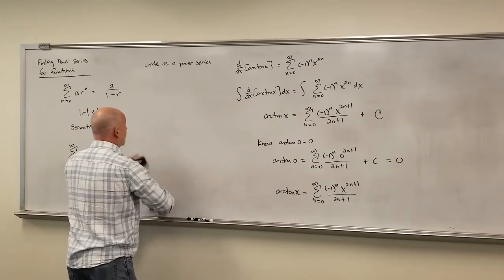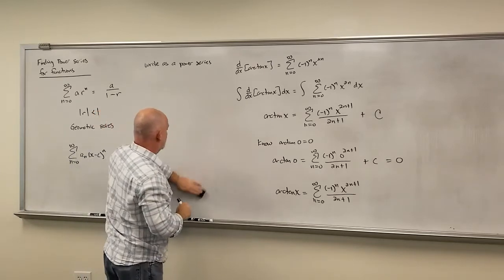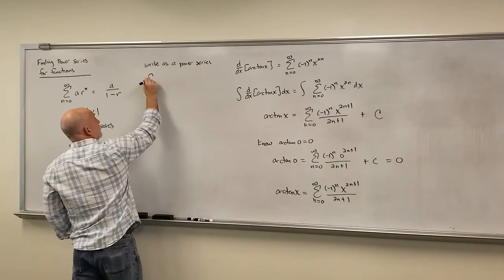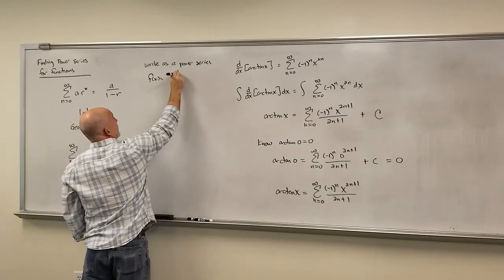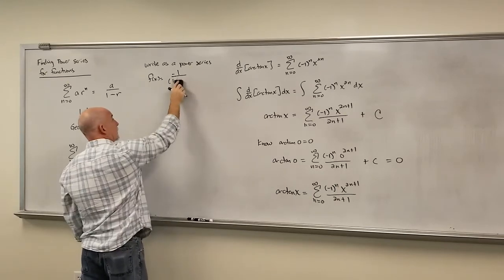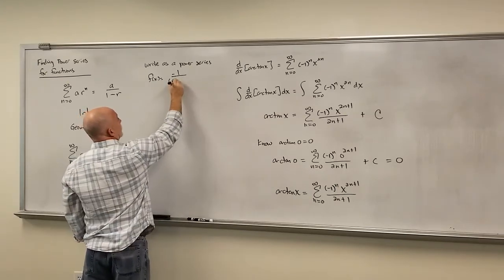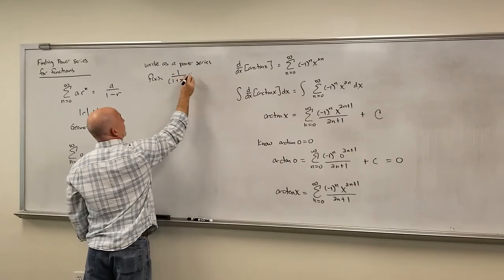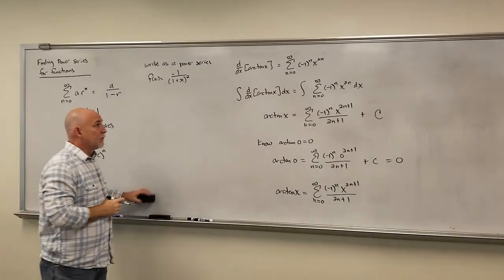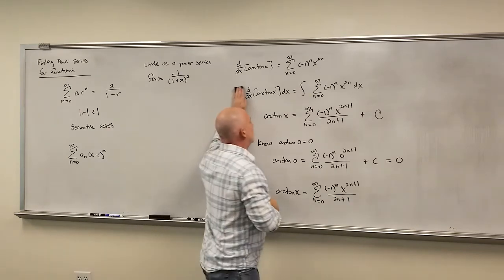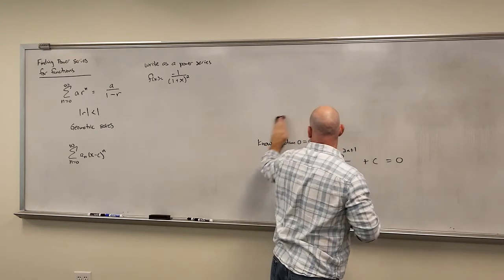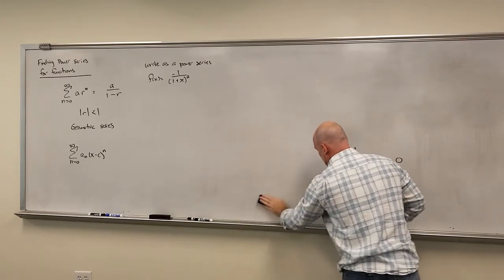Let's take a look at, what if I said our function was 1 over 1 plus x squared? So again, if we were looking at this, you're like, well, that's close to the form to put this into a geometric series, but that's 1 plus x squared on the bottom.